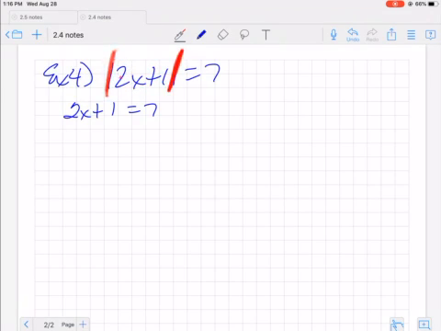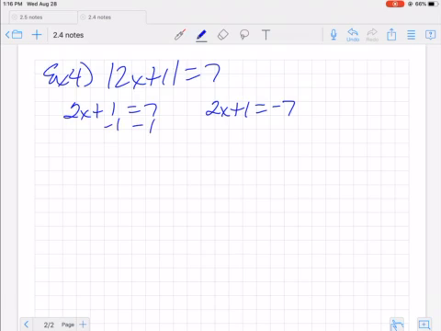I can also have the absolute value of negative 7, right? The absolute value of negative 7 will also be 7. So what I'm really trying to figure out is the guts of my absolute value. What value of x is going to make that a positive 7 and a negative 7? So when you do this, you drop those absolute values and you set those up to be both a positive and negative 7. So solve each one.